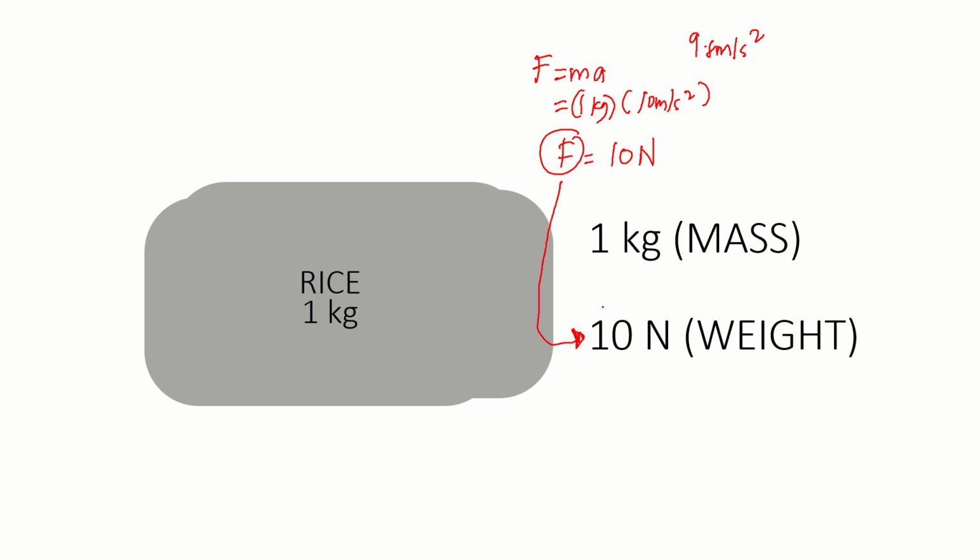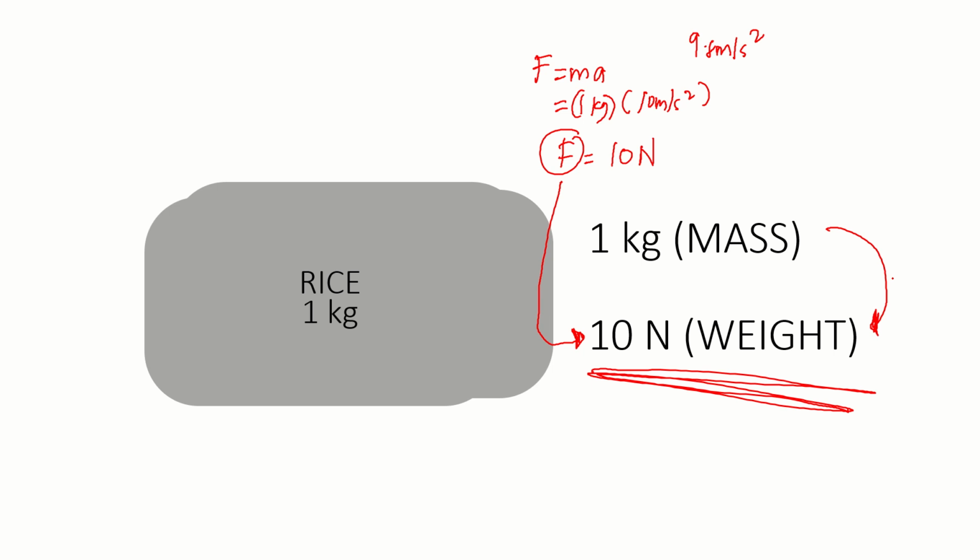So, we can say that weight is affected by the gravity. Oftentimes, you're already used to saying 1 kilogram of mass. However, yung 1 kilogram of mass na yan ay already affected by your gravity. In terms of your location, if you're on the Earth, your mass is the same as your mass on the moon.